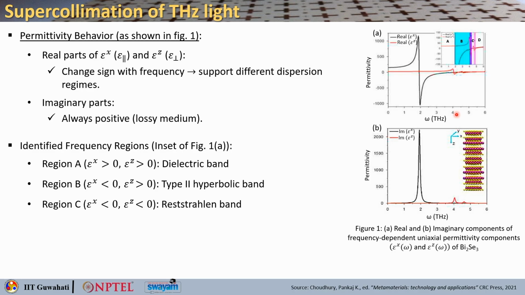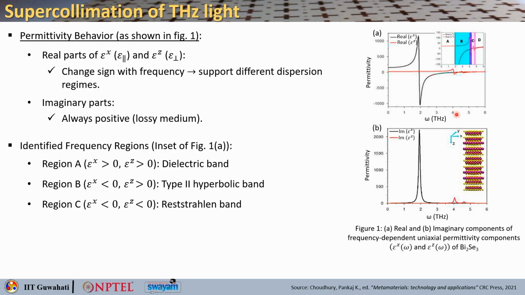Especially in ionic crystals such as silicon carbide, aluminum nitride, gallium nitride, and topological insulators like bismuth selenide, you will see this kind of effect. It lies between the transverse optical and longitudinal optical, that is TO and LO, phonon frequencies of the material.